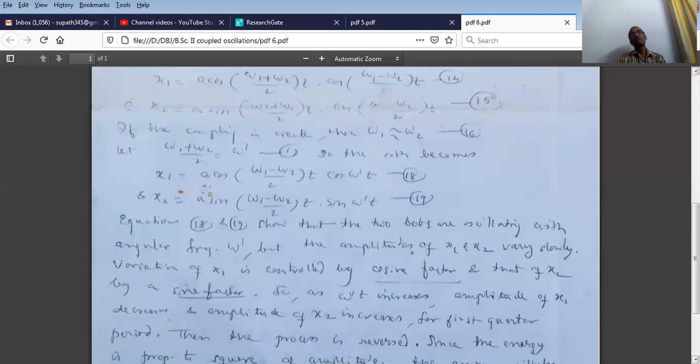This is because in x1 there is a cosine, and in the expression for x2 there is a sine. Simple thing.